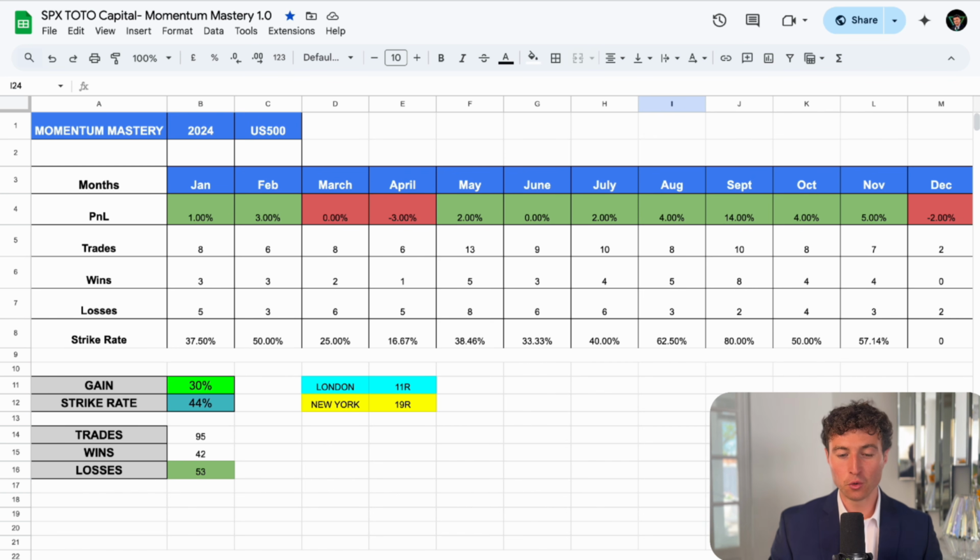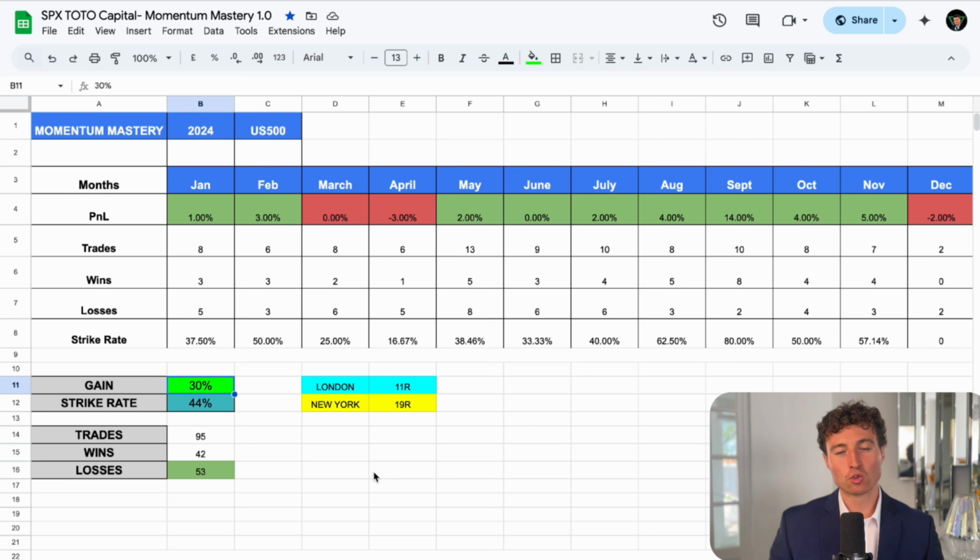Also looking at the US 500 2024 data, we got pretty similar results. It returned around 30% in 2024 with again a strike rate of just under 50%. And so that is a combined return of over 60%, trading just gold and the US 500 in 2024.